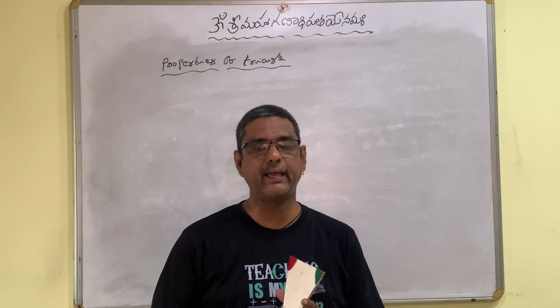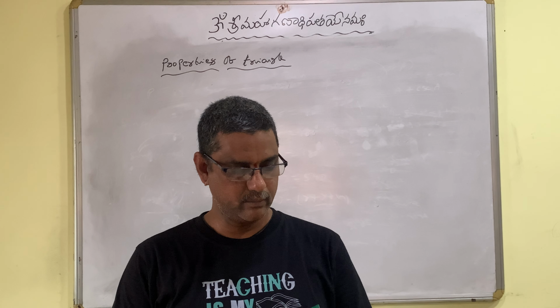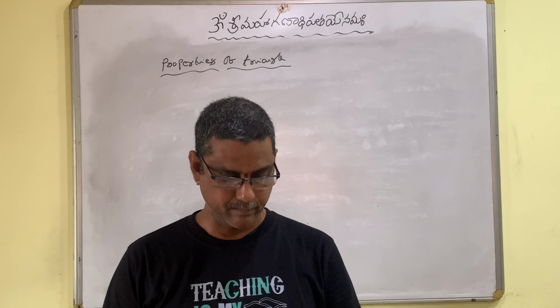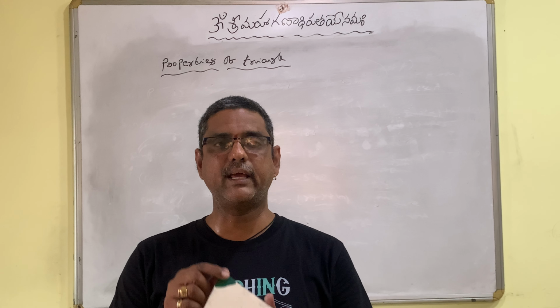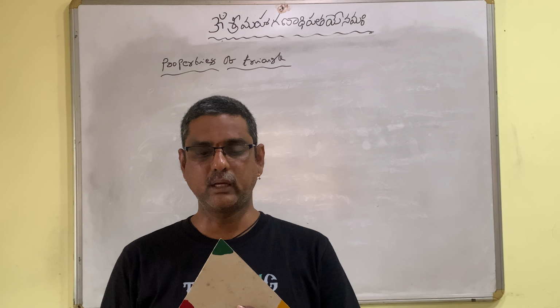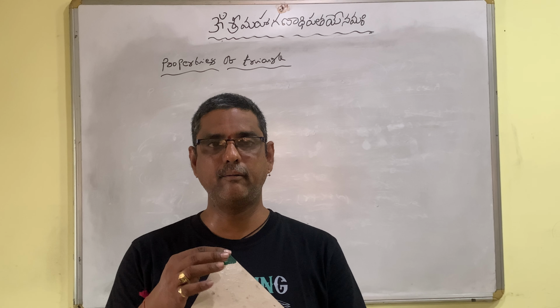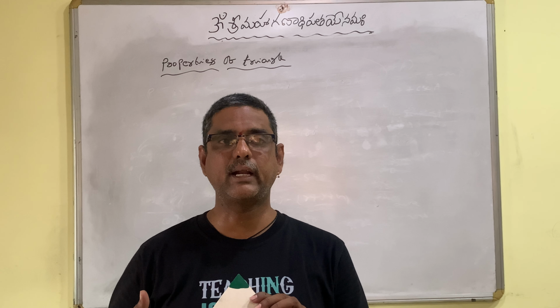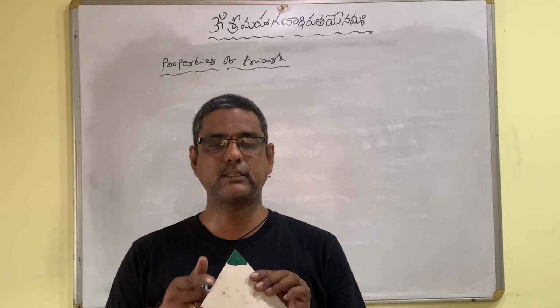Now, the sixth property. The angle with green color is greater than the remaining two angles. You can clearly observe that the side opposite to the green angle is greater than the remaining two sides.